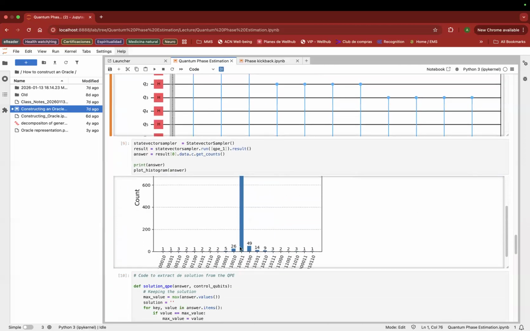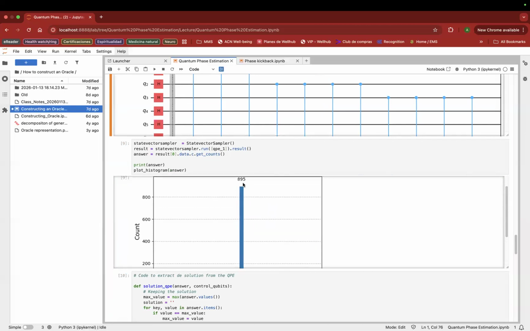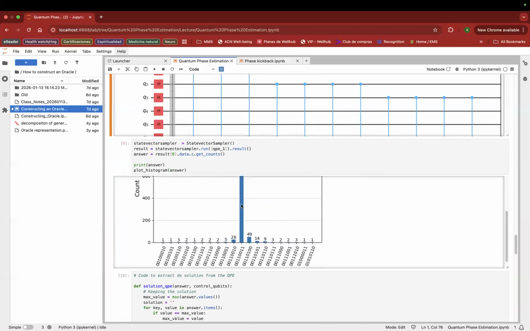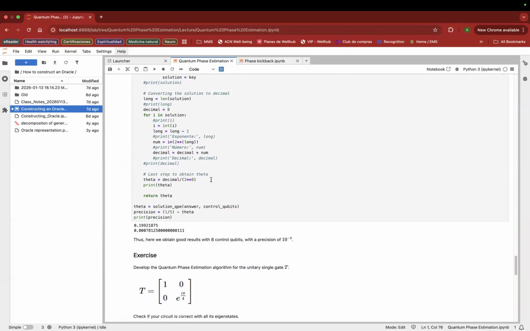When we execute it, we have one binary number that has all the points, and I just prepared that so we can translate it. If we translate it, we get the correct number, because 1 divided by 5 is 0.2. So we get the number, but with a precision of -3, as you can see here.